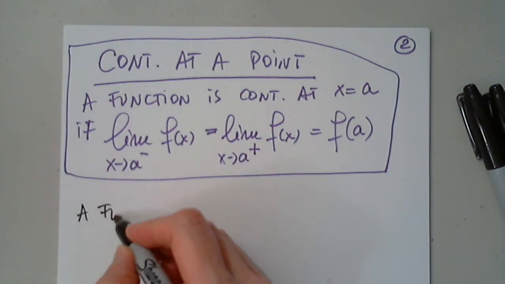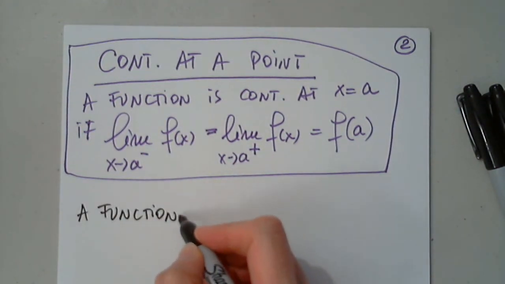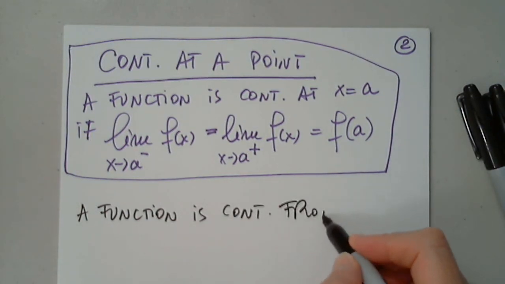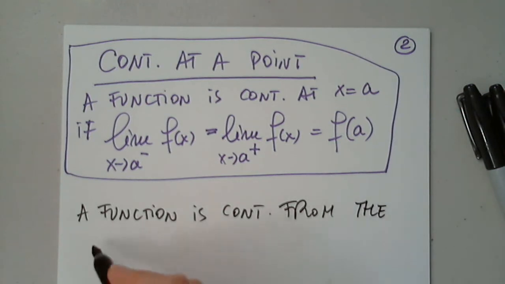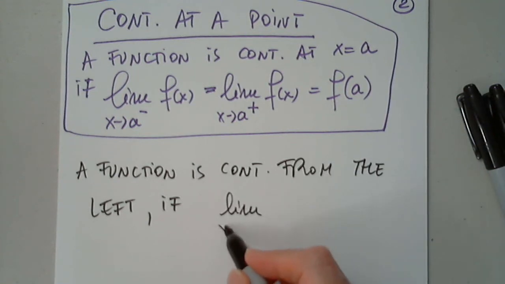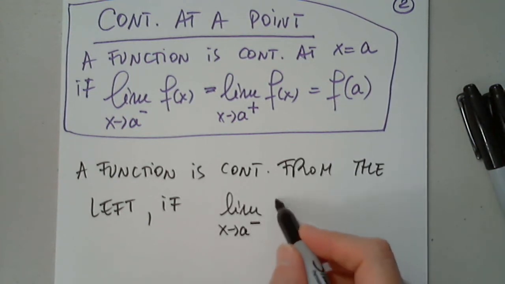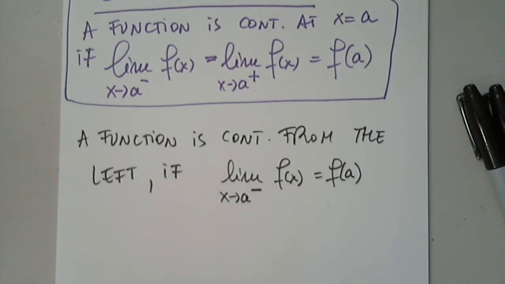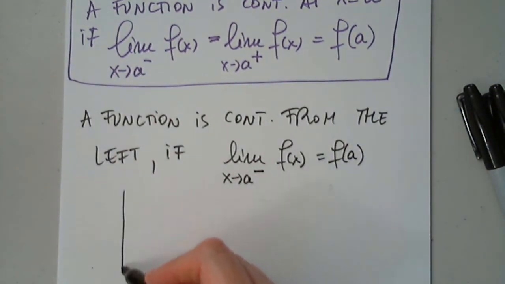A function is continuous from the left if the limit as x approaches a from the left of f of x equals f of a. Well, what does that mean? Here's the example.